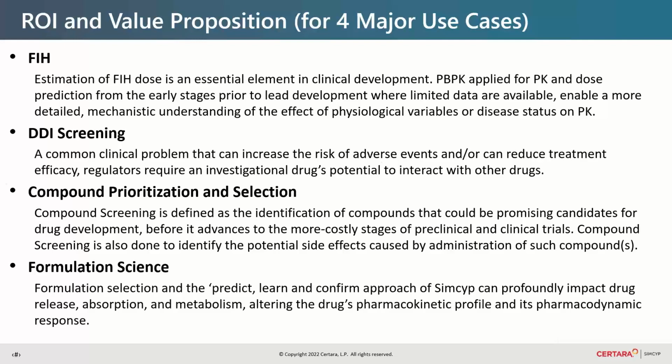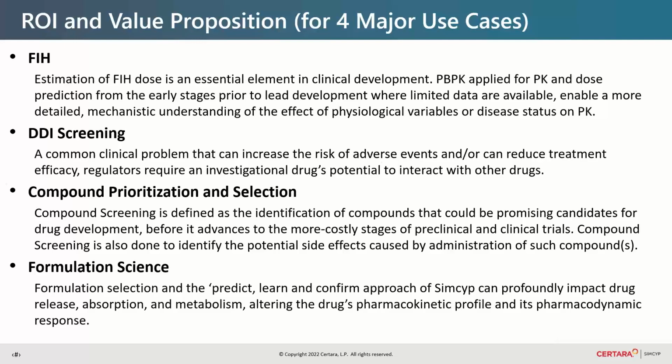Again, this is by no means definitive, but it is a great facility for assessing whether or not a new compound has a high degree of DDI risk, and then based on that, a more in-depth analysis can be performed.